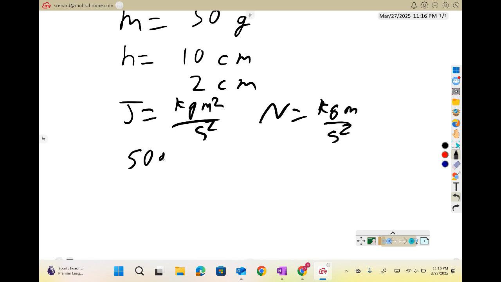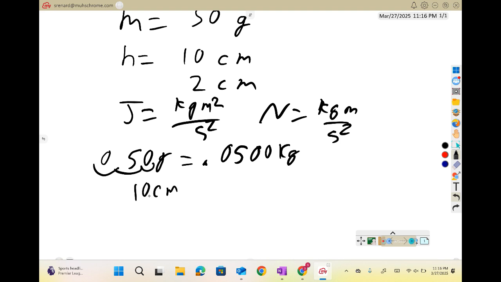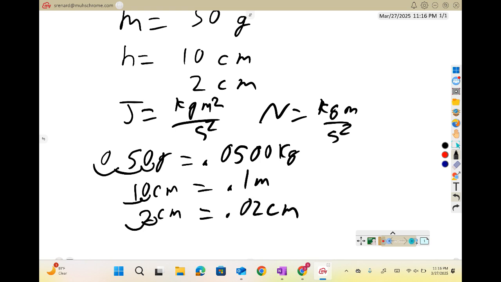So 50 grams, we would move the decimal point 3 places, so that's going to be 0.050 kilograms. 10 centimeters, we're going to move it back 2, so that becomes 0.1 meter. And 2 centimeters, we would move back 2 as well, so it'd be 0.02 meters.